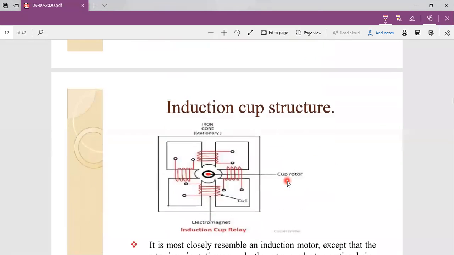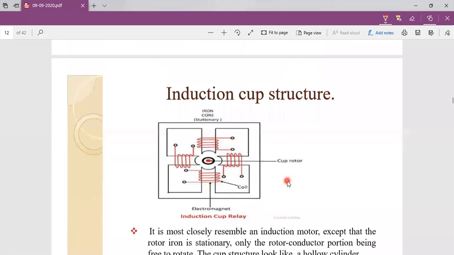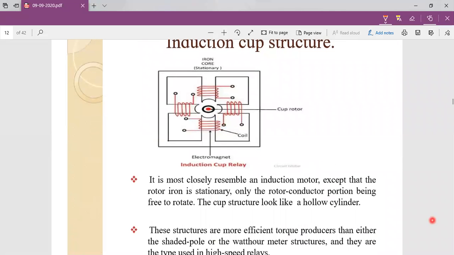Now this one is the induction cup type. Here the important thing is, this one is the rotor, and the rotor structure is stationary, but the winding which is placed in the rotor structure, here it is indicated with black color.